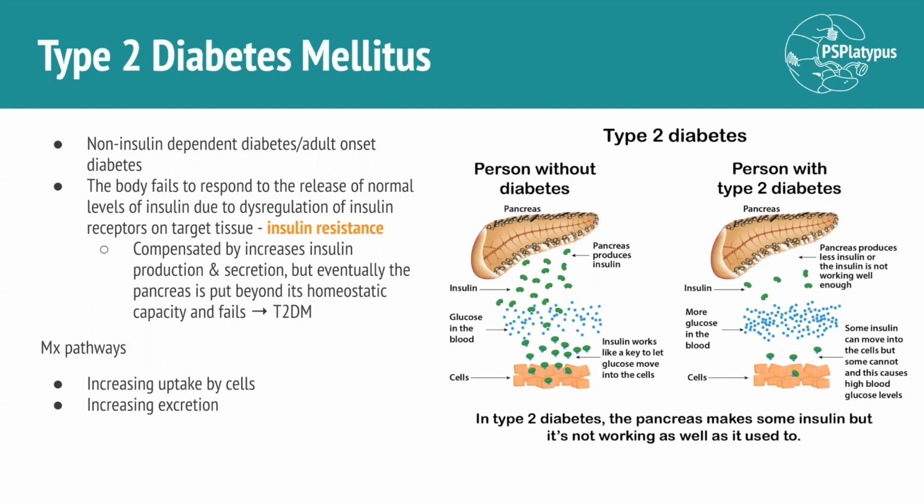This leads to even less uptake of glucose by our target cells, thereby leading to high glucose levels within our bloodstream, thus type 2 diabetes. In terms of treatment pathways available, it is either by increasing the uptake by our cells or by increasing the excretion of glucose out of the body to reduce our blood glucose levels. Additionally, there is lifestyle and dietary management, in which we decrease the amount of sugar entering into our bloodstream.